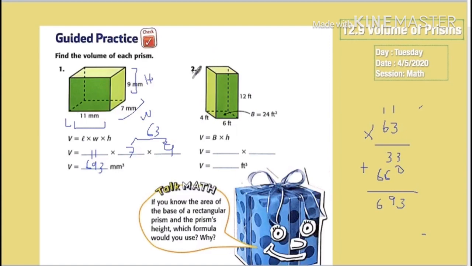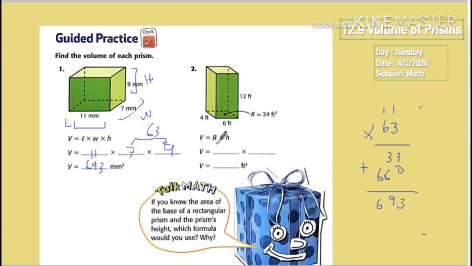Lastly, in number 2, we have our prism, and it says we have 4 feet, 6 feet, and 12 feet as our dimensions. For this one, we are going to use the formula volume equals base times height. Now we have height, but we are missing length and width. Actually, length and width is what creates our base.